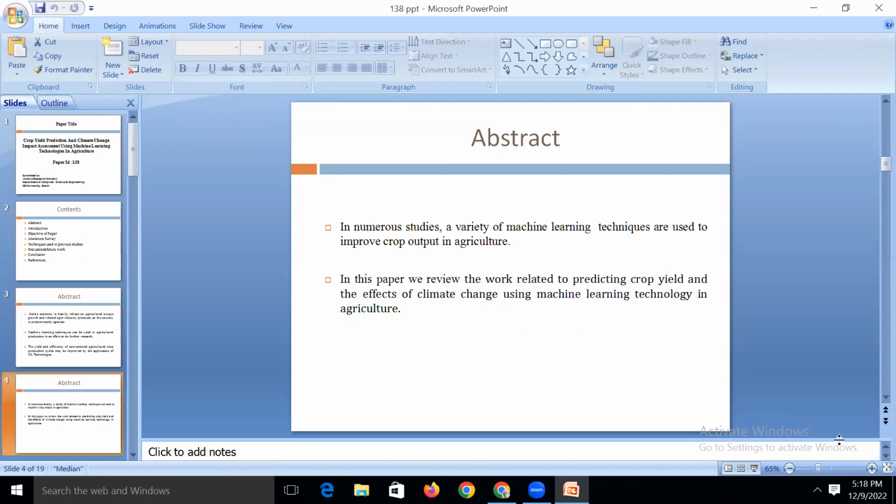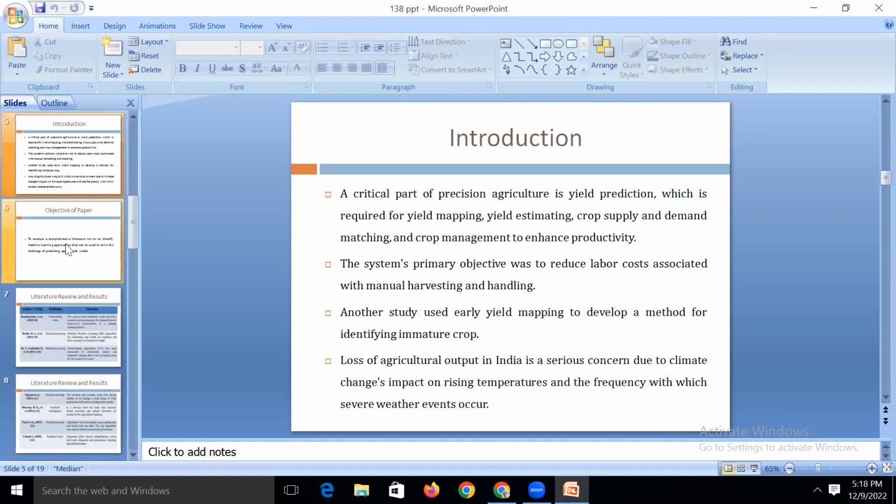In numerous studies, a variety of machine learning techniques are used to improve crop output in agriculture. In this paper, we review the work related to predicting crop yield and the effects of climate change using machine learning technologies in agriculture.